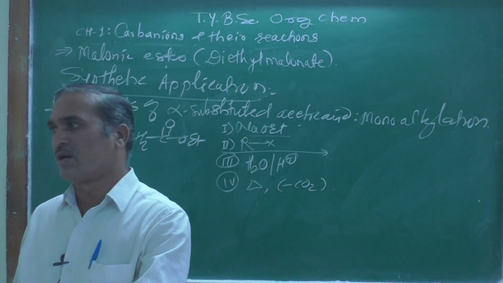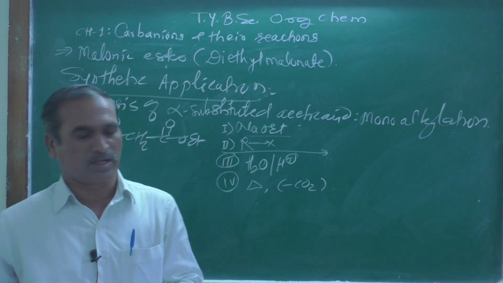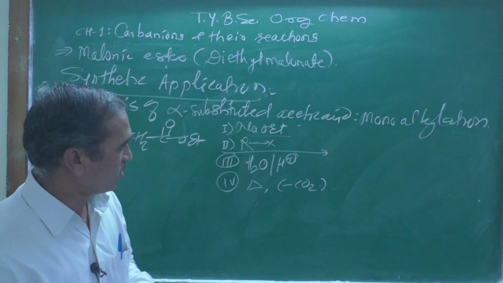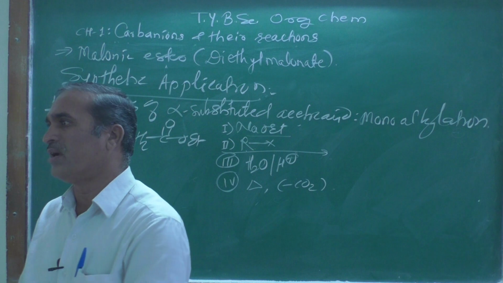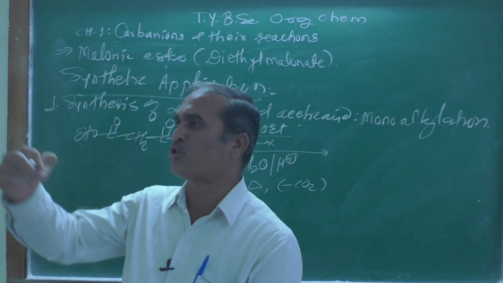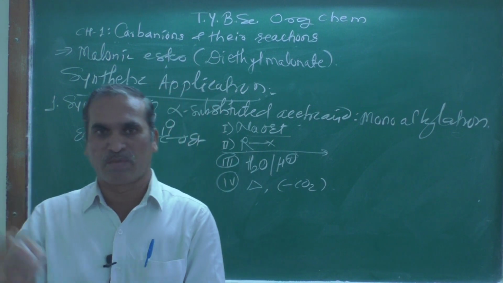The third reagent is hydrolysis, meaning the ester group is converted into an acid, and the fourth is the heating process, during which carbon dioxide is evolved. That process is known as decarboxylation.